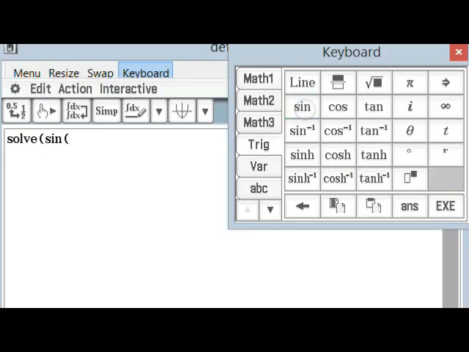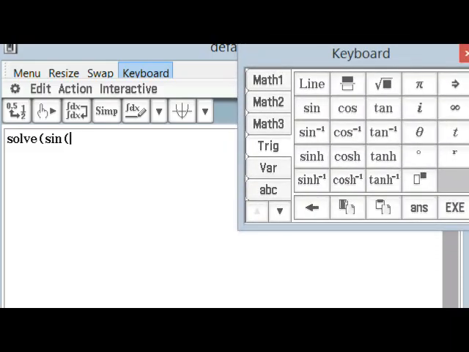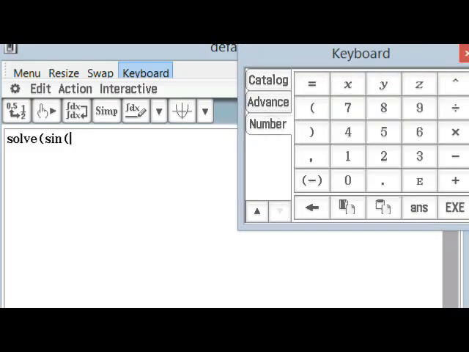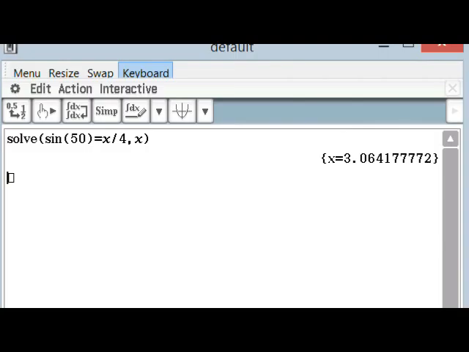We set it's sine, and then we set it's 50. It's equal to x divided by 4, and then we're solving for x here. Putting all of this into the calculator, we should get 3.06.